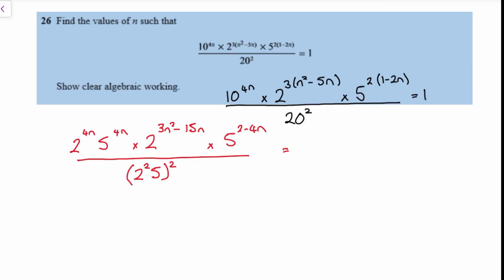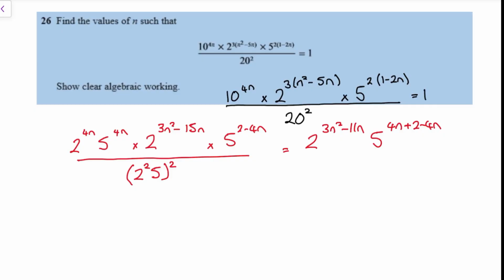Let's try and tidy some of this up. So the numerator, let's collect my 2s. I've got 2 to the 3n squared minus 15n plus 4n, which is minus 11n, and that's all the 2s I've got. And then 5 is going to be 4n plus 2 minus 4n.